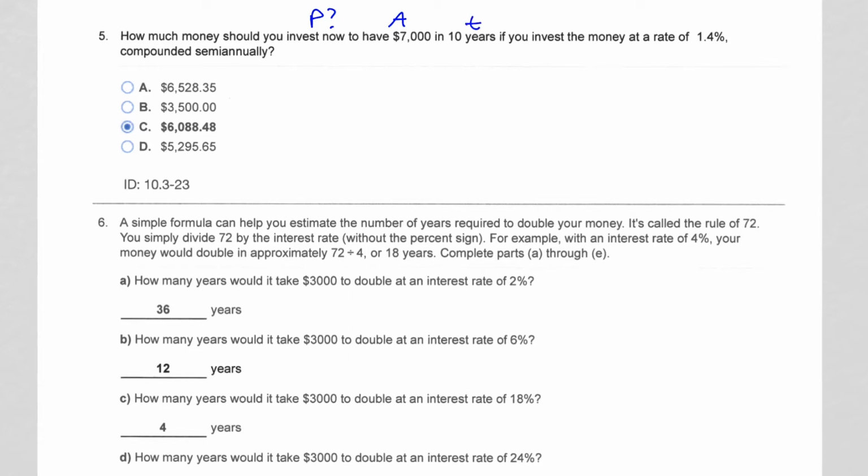This is T. This is R. And semi-annual is twice a year. So we have the 7,000. We don't know P. R, where's R? 0.014. N is 2. T is 10. And so we can use the P formula.